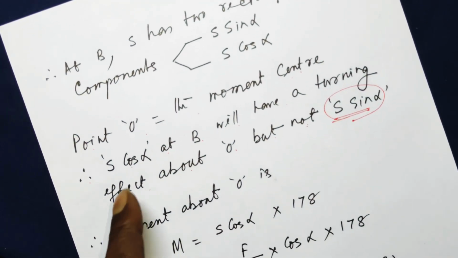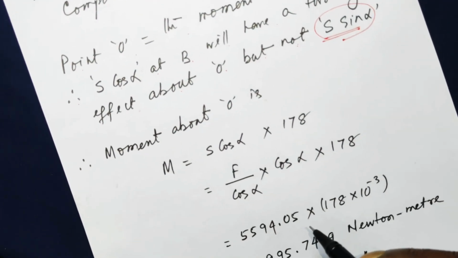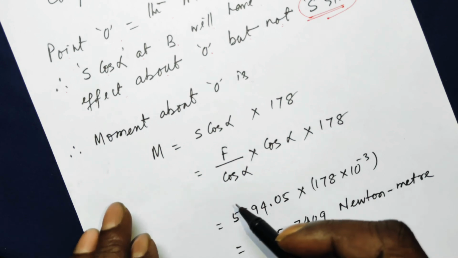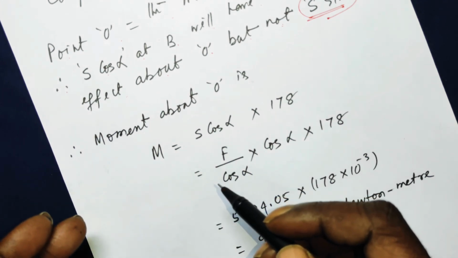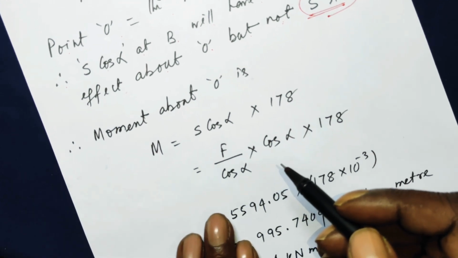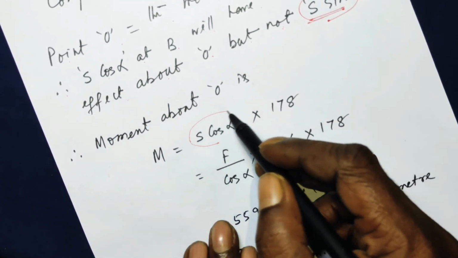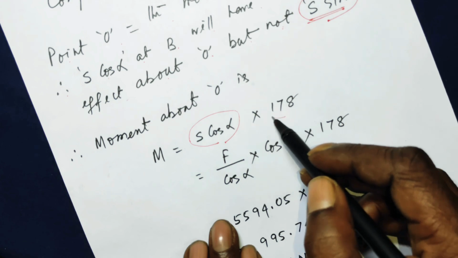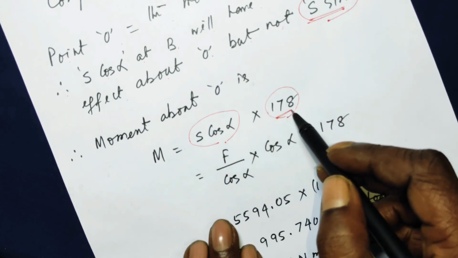So this does not have. S cos alpha has a turning effect. And as we have discussed in the previous video, the moment of a force about a moment center is the product of the force and the length of the moment arm, and this was given in millimeters.